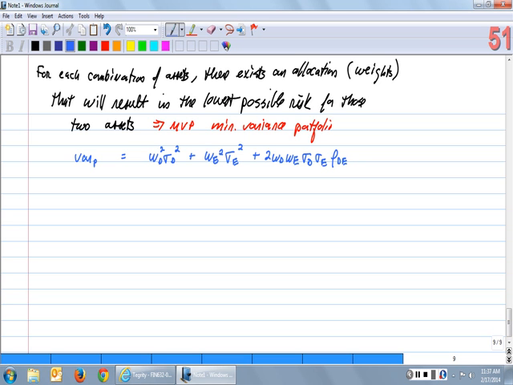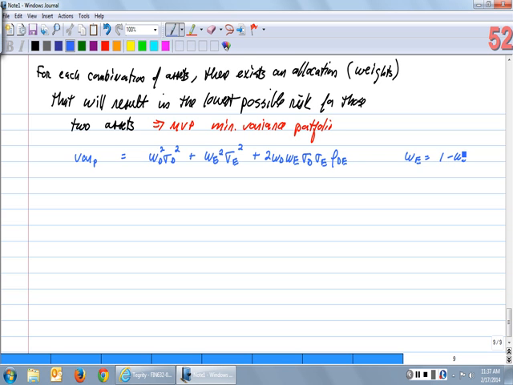Now, just because I know where I'm going with this, what I want to do is expand this out. I'm going to go ahead and substitute in again that WE is equal to 1 minus WD.